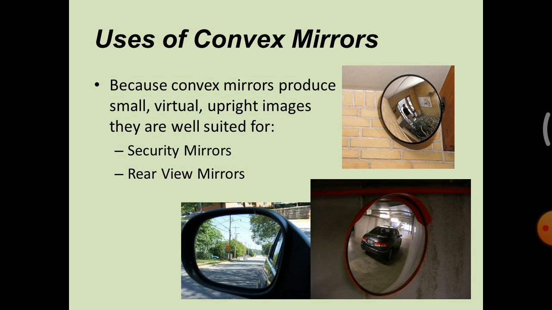You know that the convex mirror always forms a virtual and erect image. Erect is nothing but an upright image. So we use the convex mirror as security mirrors and rear view mirrors because it covers a large field of view in a single mirror.